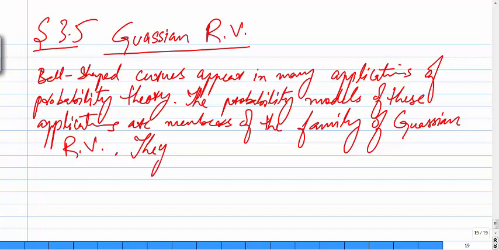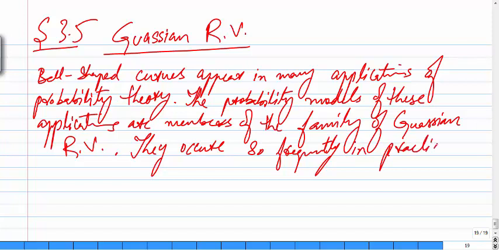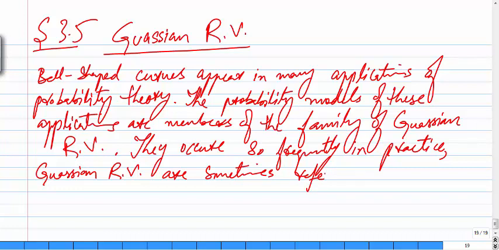They occur so frequently in practice that Gaussian random variables are sometimes referred to as normal random variables.